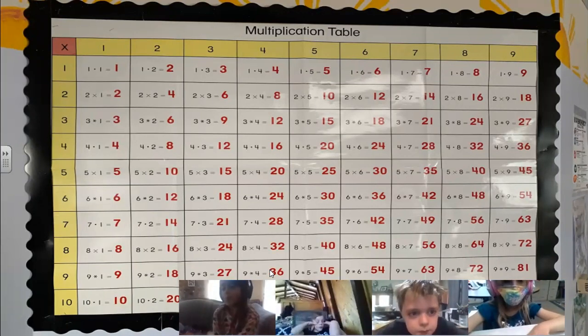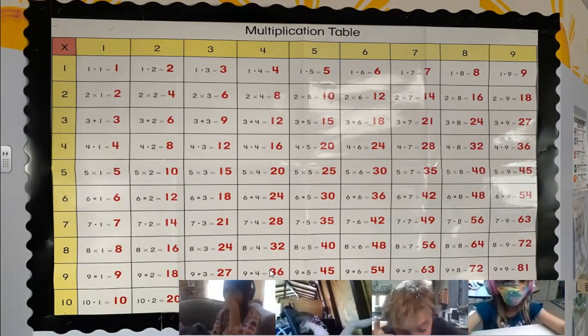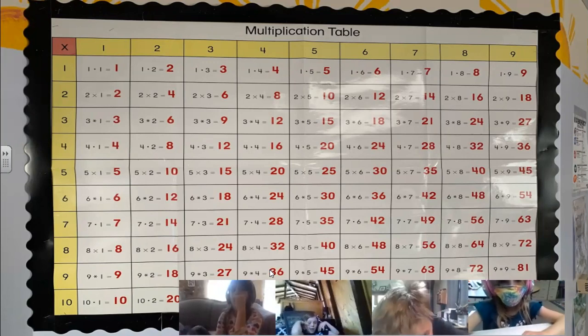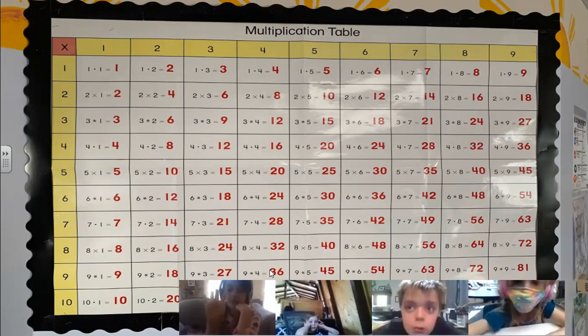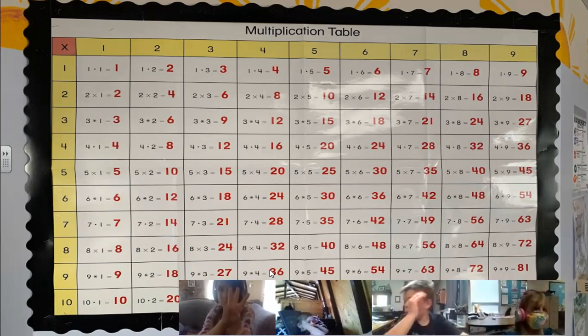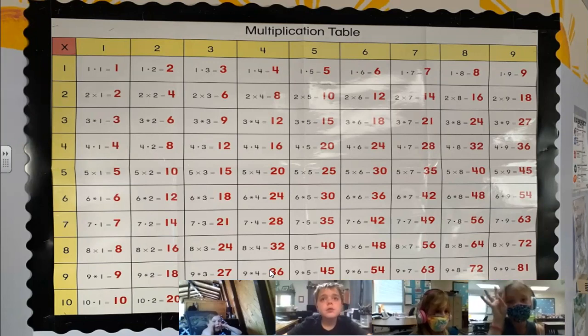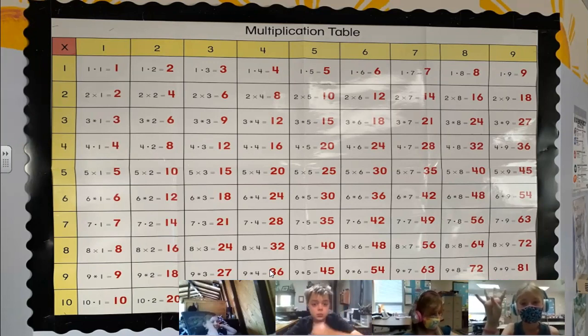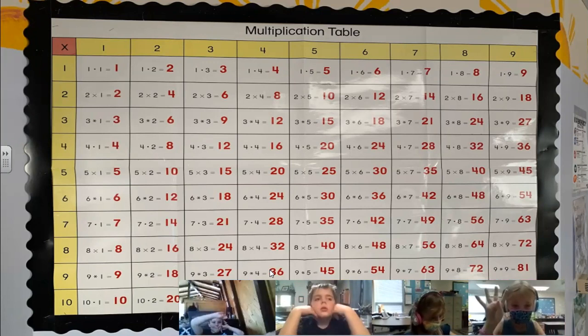All right, let's do the inverse. 40 divided by 10. Show me on your fingers what the quotient would be. I'll know you know when I see the answer on your fingers. How many 10s are in 40? What times 10 equals 40? Robert, what do you think?